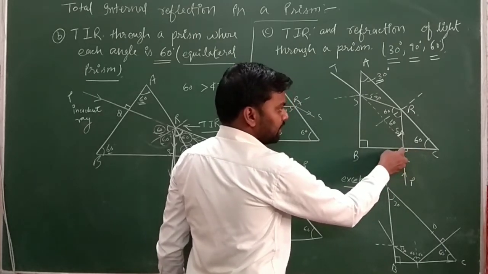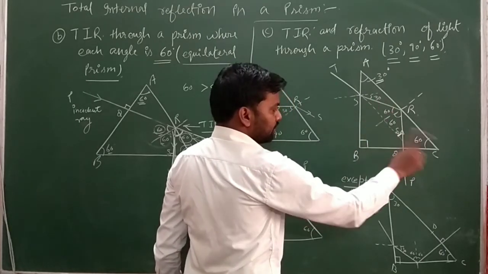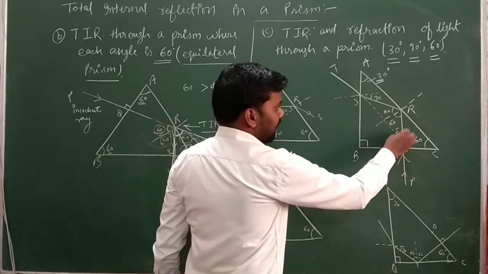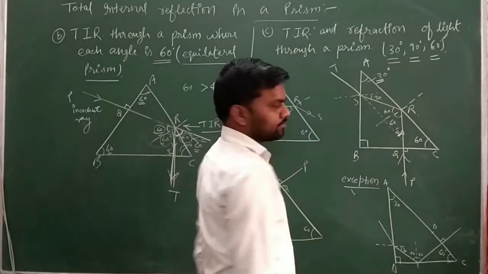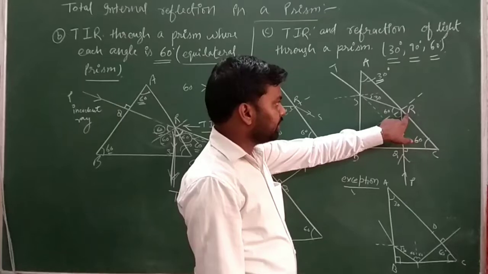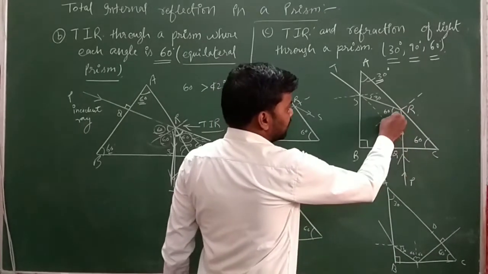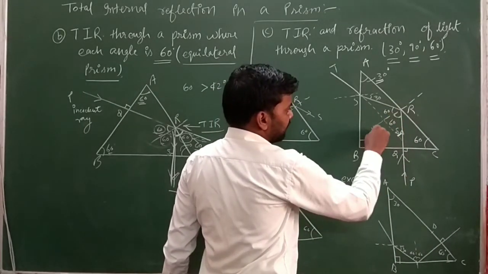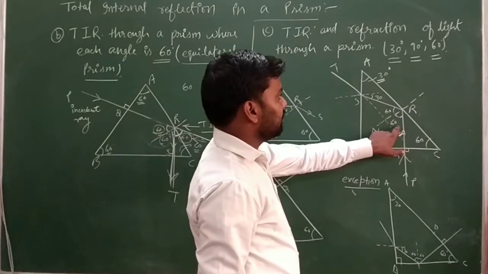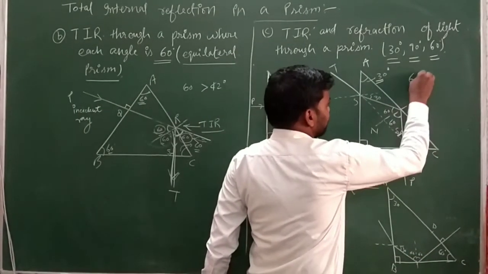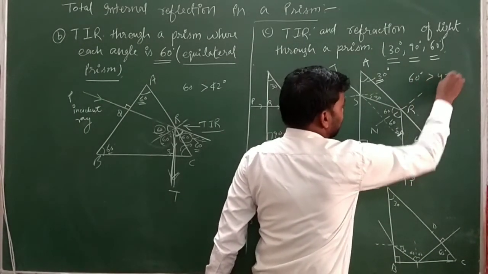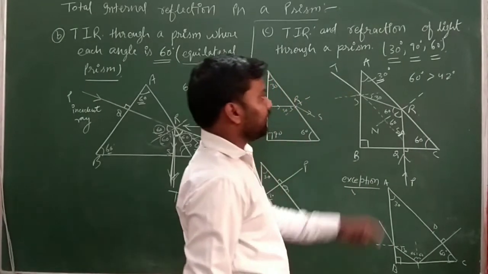If it is perpendicular, it will go undeviated, it will not deflect in any direction, and after reaching this point, it will make the angle 60 degree with the normal. Again the 60 degree is greater than 42 degree, that is the critical angle of the prism.